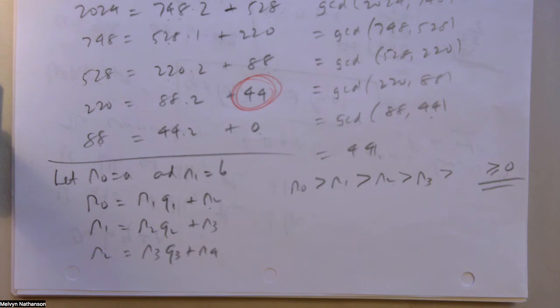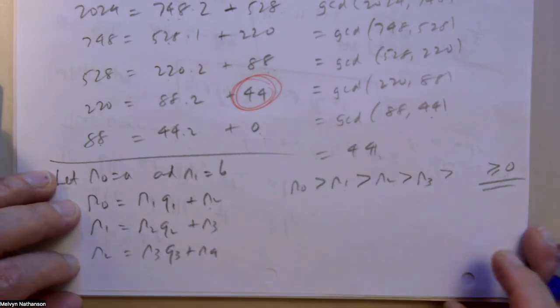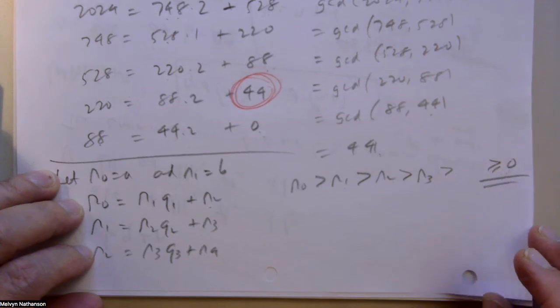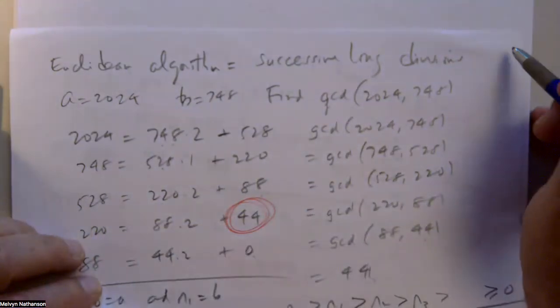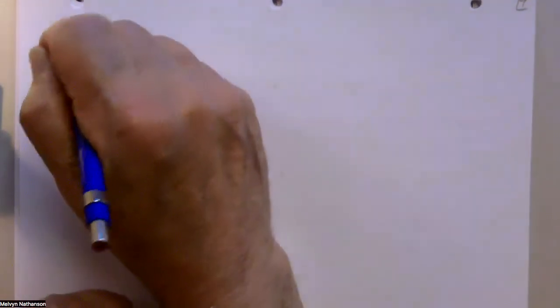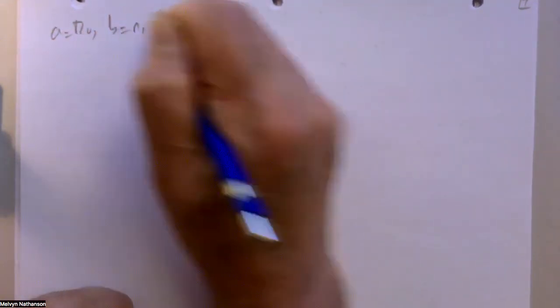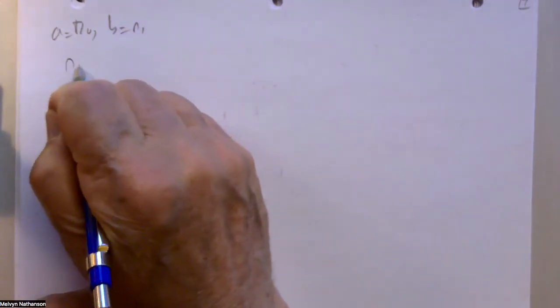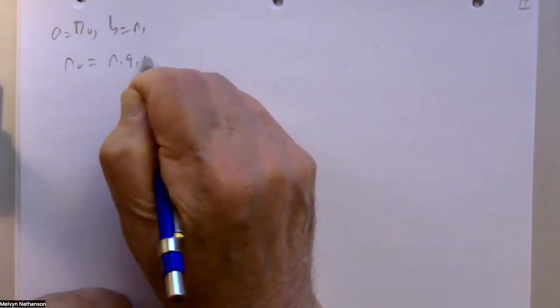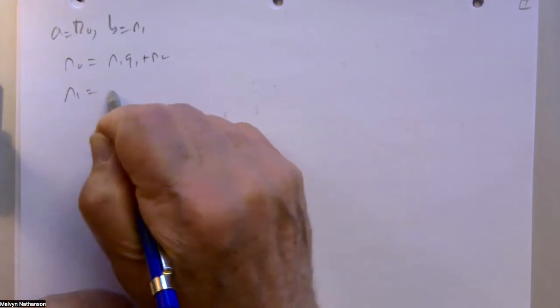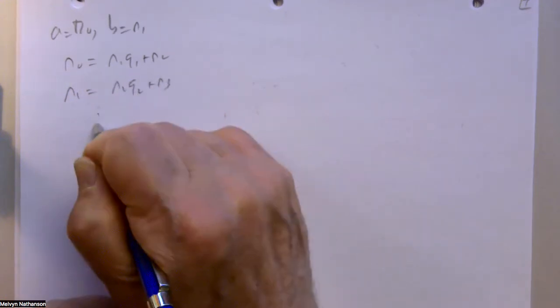Now, there is a consequence of this, which is very interesting, and sometimes called the extended Euclidean algorithm. So let's just recall in the Euclidean algorithm, you take A equal to R0, B equal to R1. And you have your sequence of equations. R0 is R1 Q1 plus R2. R1 is R2 Q2 plus R3.